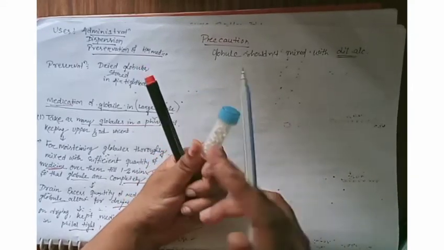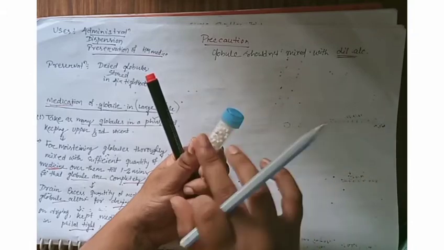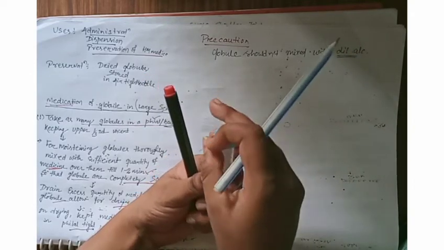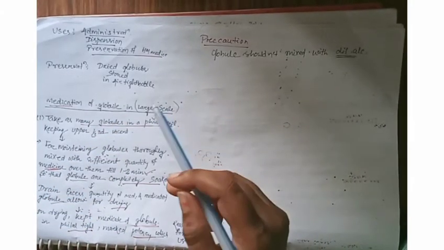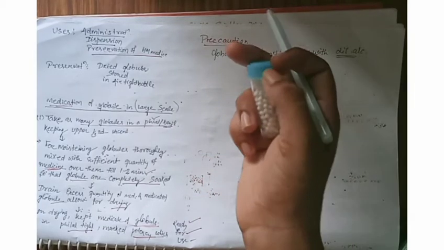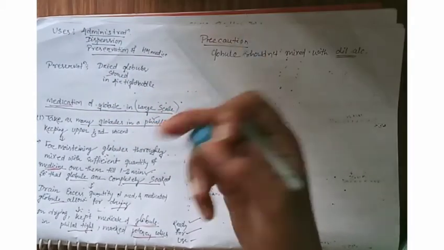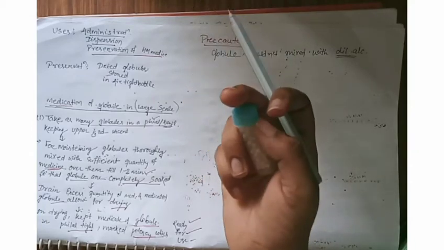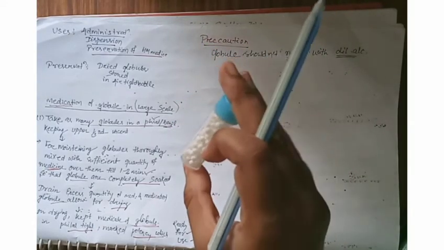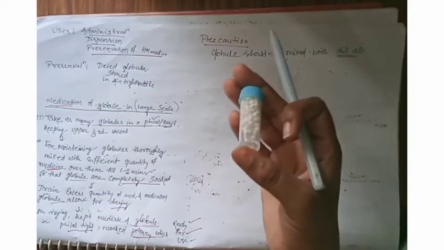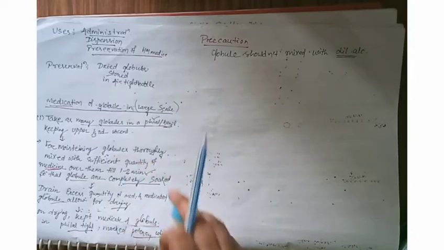So that the medicine and the vehicle mix properly, so that its medicinal power will increase, and the excess medicine which is not required can drain outside, and the cork will be closed. Then after the medicine is prepared, we keep it under observation for 2 to 3 days, then we dispense. In this way we use the globule on a small scale.